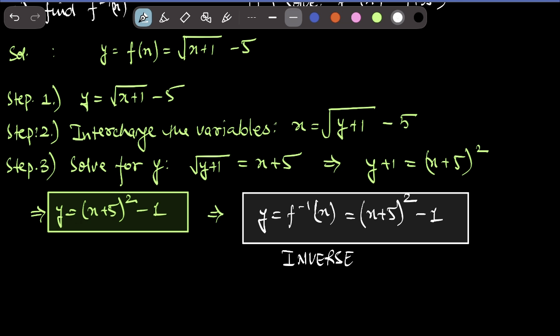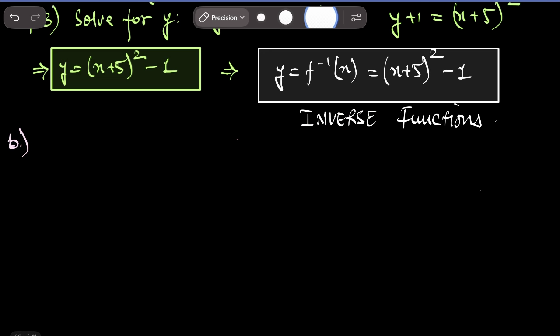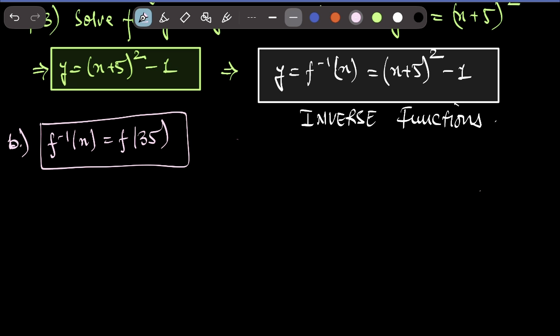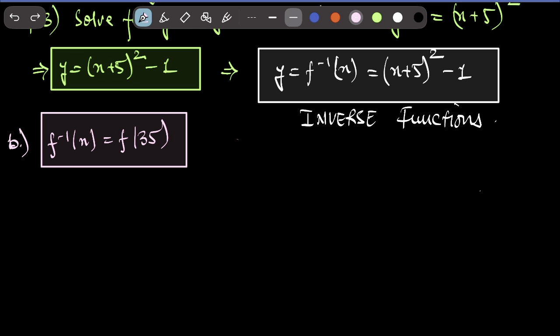Okay, so now I hope you are able to understand how to make an inverse of a function. We are moving on to part B, solution. So in this particular part we need to solve f inverse x equals f of 35. Okay, so now this is your equation which we need to solve. So what I'm going to do is, first of all, I will calculate f of 35, right?